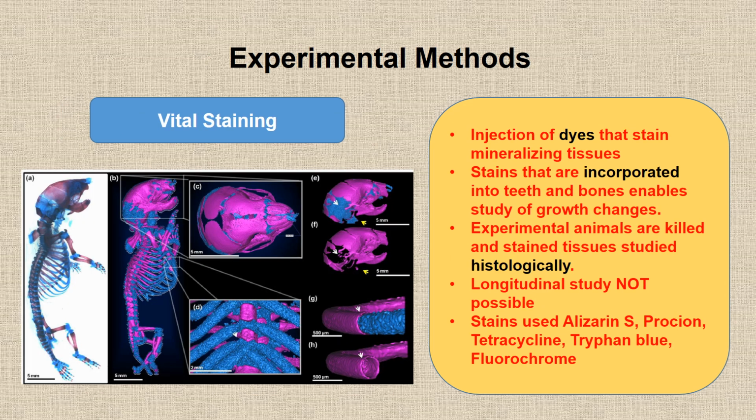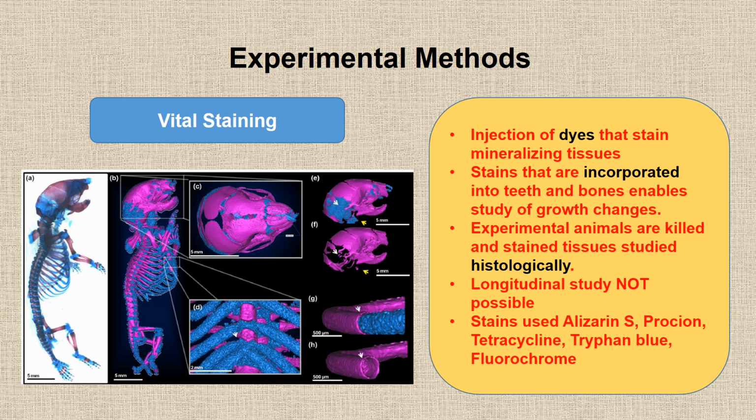Now, the next experimental methods we have are vital staining. Vital staining involves injection of dyes that stain mineralizing tissues. These dyes are incorporated into the teeth and bones, which enables study of the growth changes.